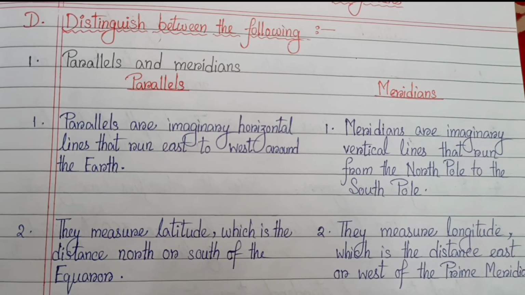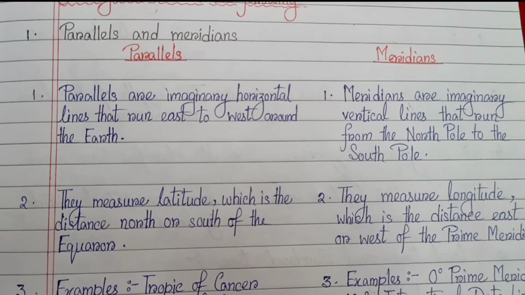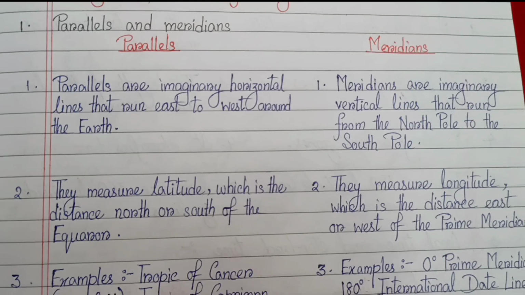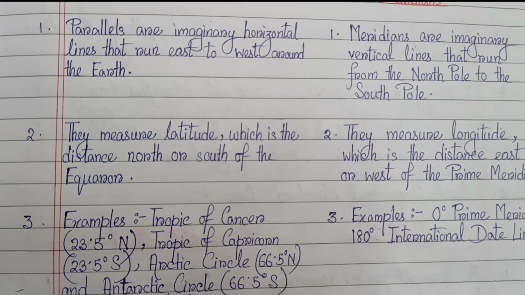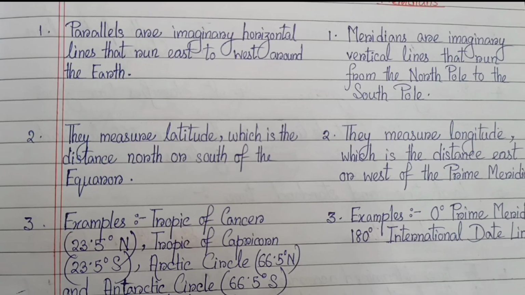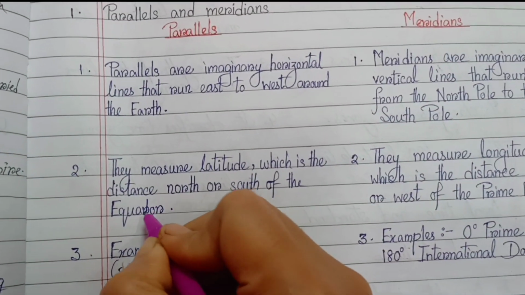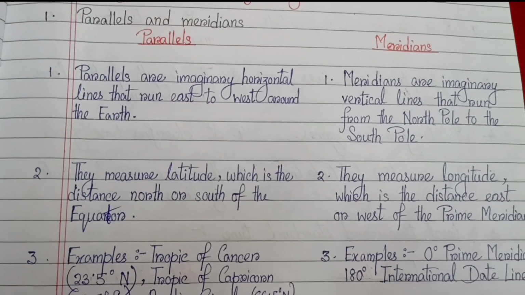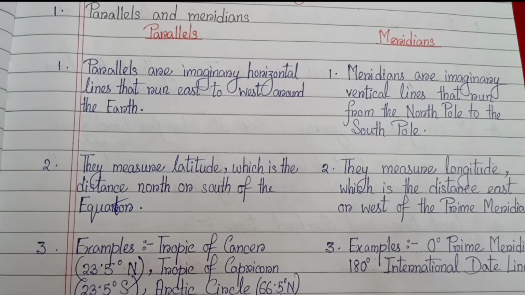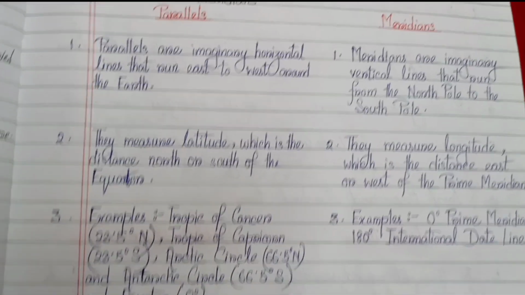Under meridians, number 1, meridians are imaginary vertical lines that run from the North Pole to the South Pole. Number 2 here, they measure latitude, which is the distance north or south of the equator. Number 2, they measure longitude, which is the distance east or west of the prime meridian.